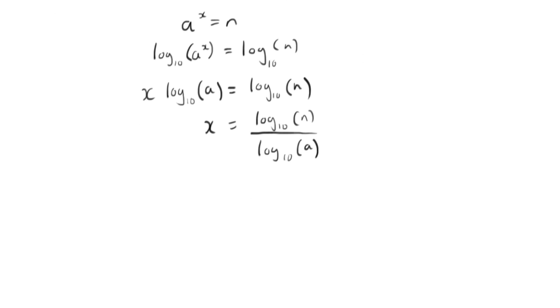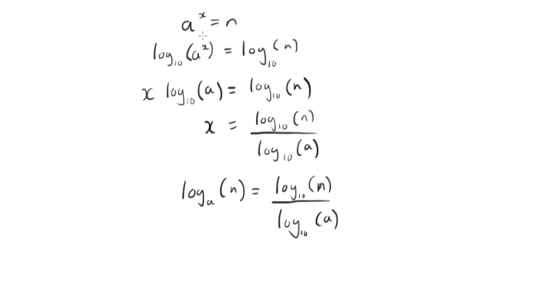Okay, so another way of writing that is log to the base a of n is the same as saying log to the base 10 of n divided by log to the base 10 of a. This log to the base a of n comes right from up here.